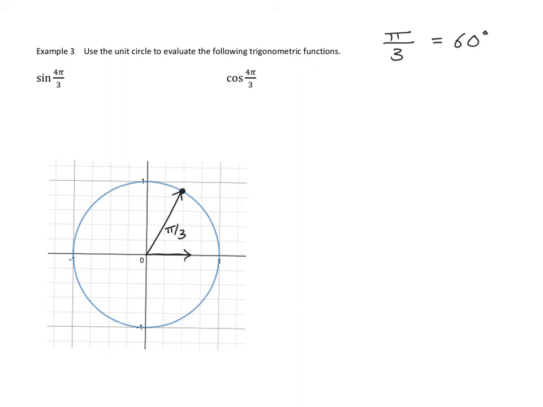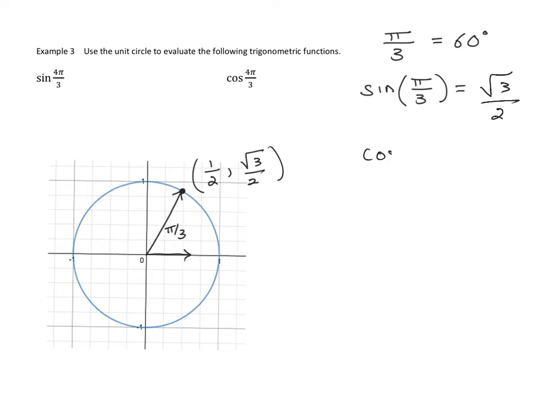So we already know that the coordinates of this point are, okay, the x value is equal to 1/2, and the y value is root 3 over 2. This is helpful because I don't know sine of 4 pi over 3, but sine of pi over 3 must be the y coordinate of this point, which is root 3 over 2.